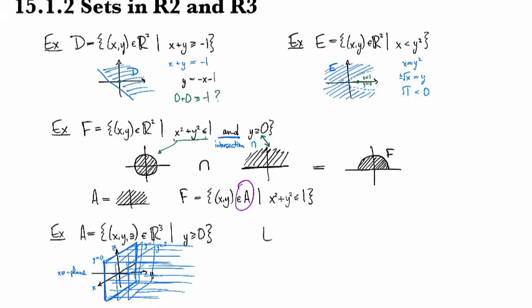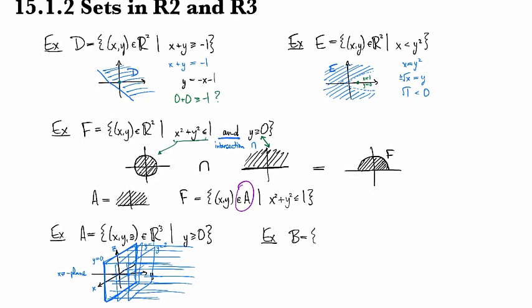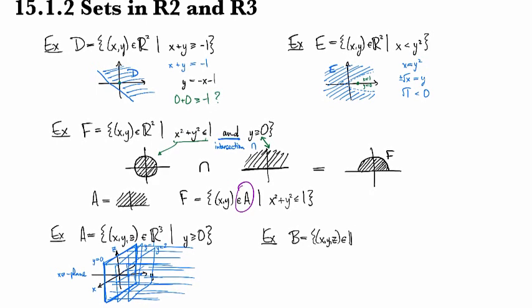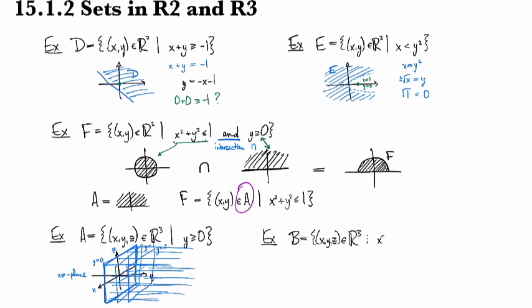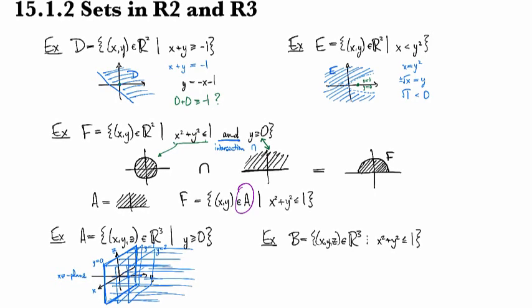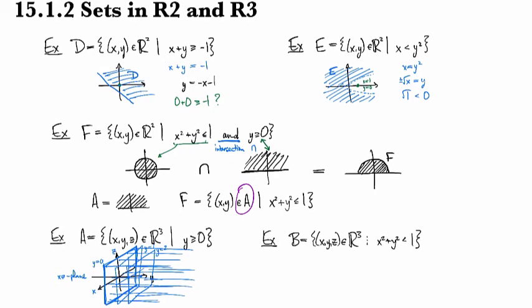And similarly, let's see what happens when we take all x, y, z triples satisfying x squared plus y squared less than or equal to 1. Earlier we did it strictly less than 1, and we saw that it gave us the inside of the unit disk.